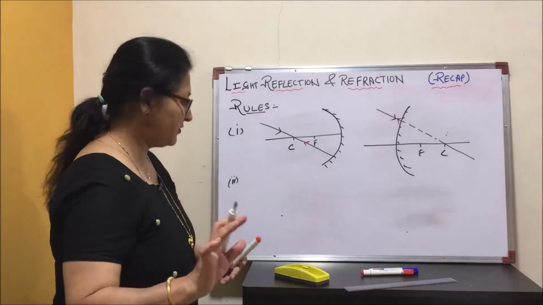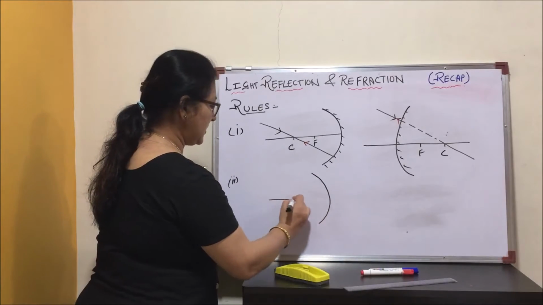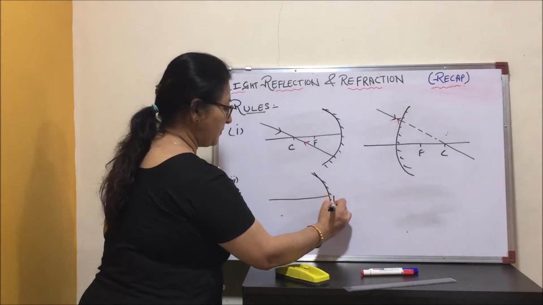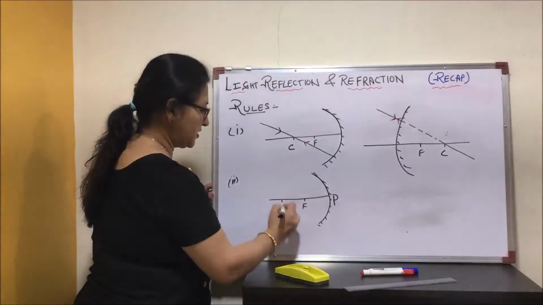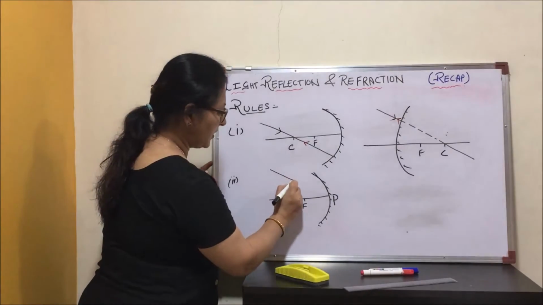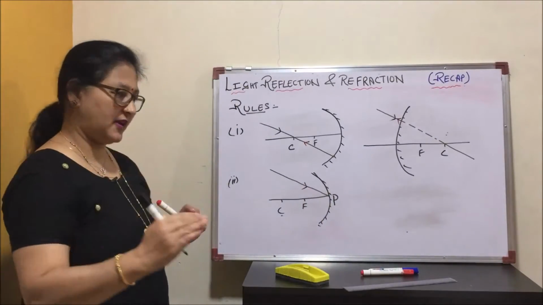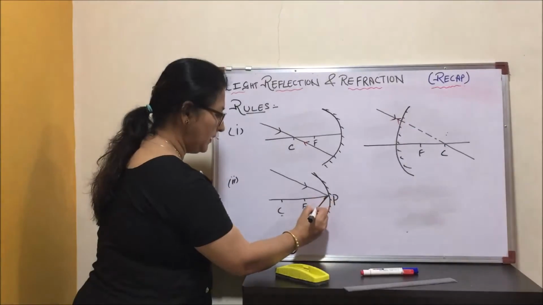Coming to the 4th rule, which is a very easy rule. Here is my pole, here is focus, center of curvature. A ray which is incident to the pole, after reflection, will be reflected back obliquely.